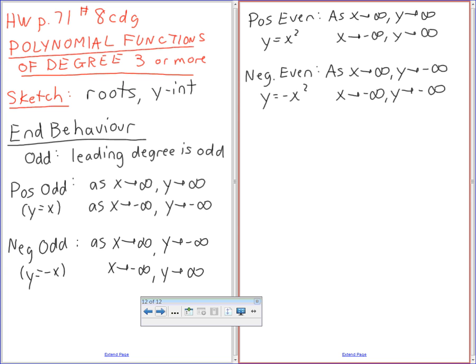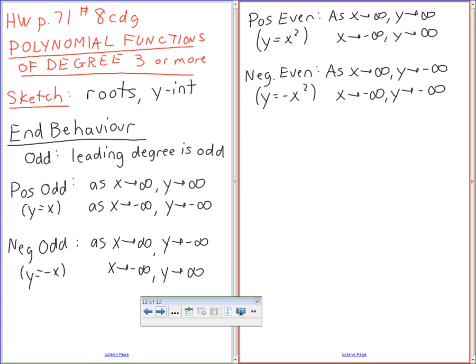The way I always thought of them when I was a kid is that odd functions all look like y equals x, except x cubed is the same thing with more curves. Every even function is going to look like x squared, except x to the fourth looks like this.